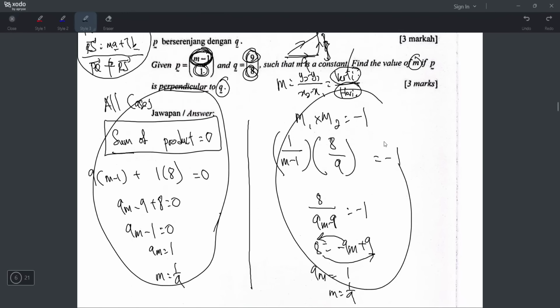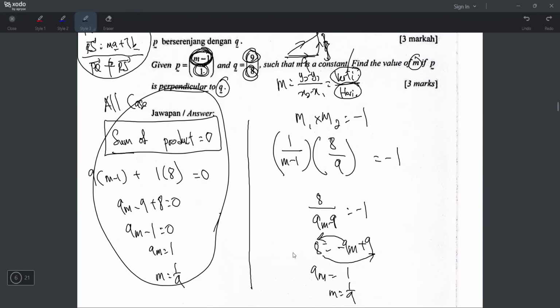But this other method only works if it's in terms of ij and if it's asking for perpendicular. Because for perpendicular you can do it like that: m1 times m2 equals -1. And then find the gradient by taking the number before j divided by the number before i. But if it's not ij, you can't use this method.